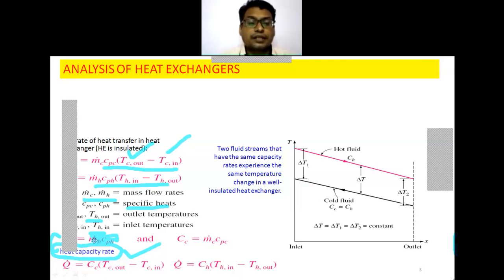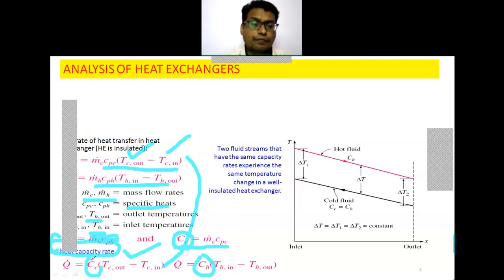Mass flow rate in kg per second times the heat capacity gives you the heat capacity rate. So Cc is the heat capacity rate for the cold fluid, equal to Mc into Cpc. So I can write these two equations using capital Cc and capital Ch.